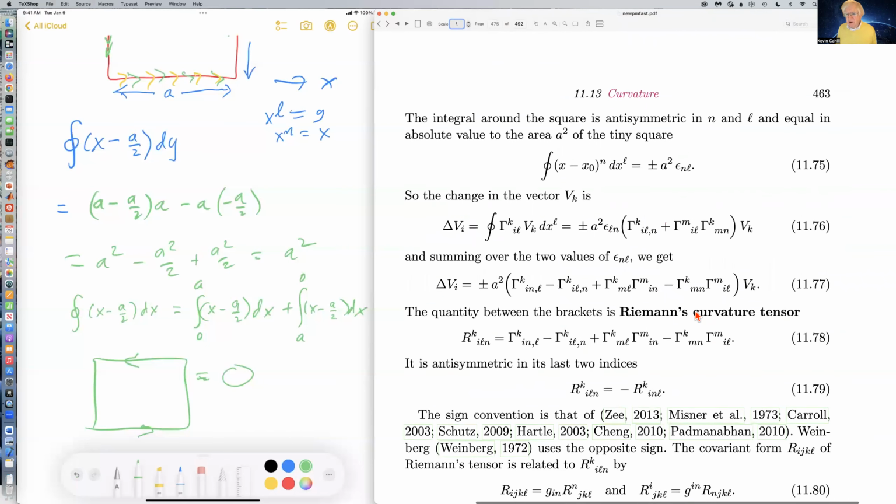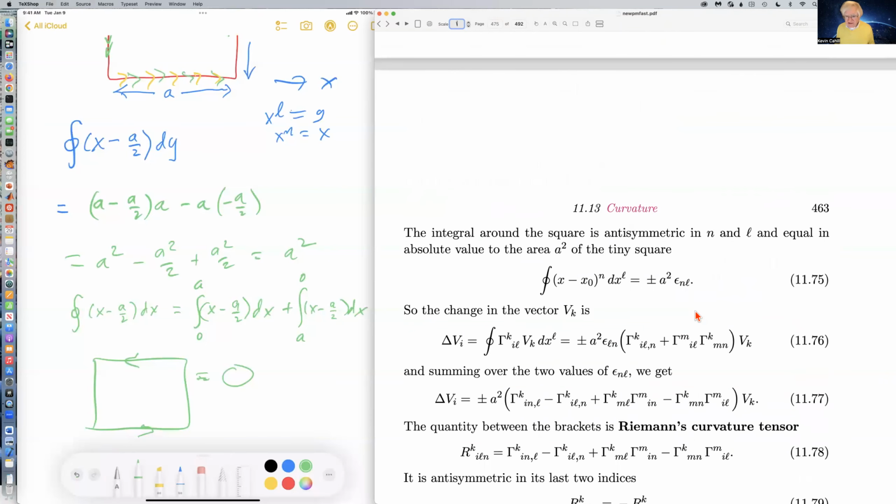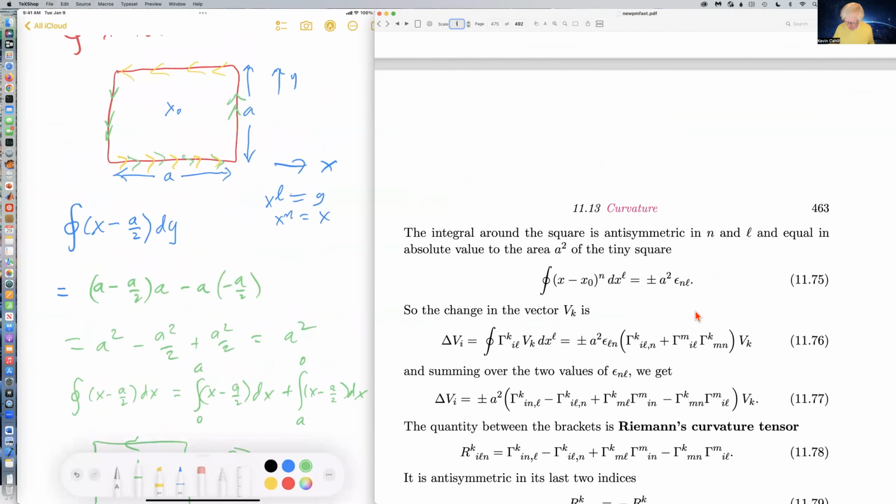I didn't make it clear that it's anti-symmetric, so let me show why it's anti-symmetric.